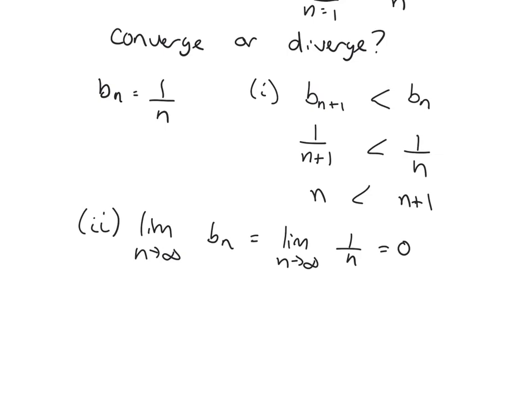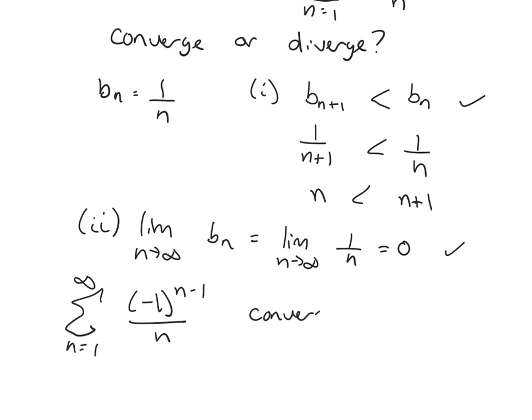Yeah, so I met my two conditions that I needed to. If you need to, think about these as being check marks, check, check. And now I can say my series that I started with, (-1)^(n-1) over n, converges by AST, the alternating series test. Okay?